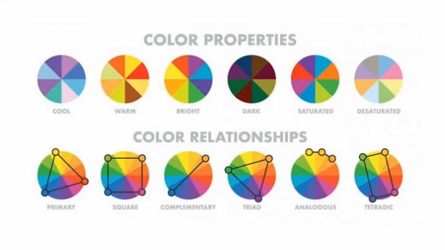Color properties, again, we mentioned that, but this is a good illustration below of color relationships, just by looking at how they're oriented on the color wheel. Primary, using the triangle, drawing dots from yellow to red to blue. A square relationship.